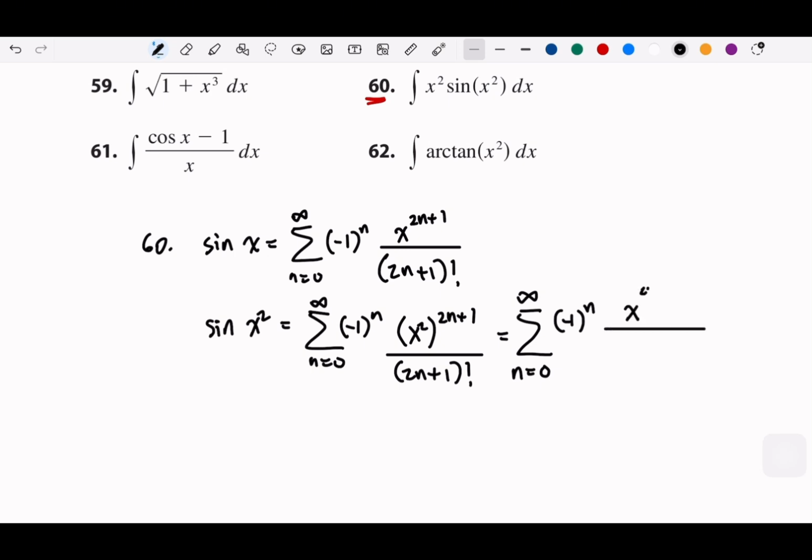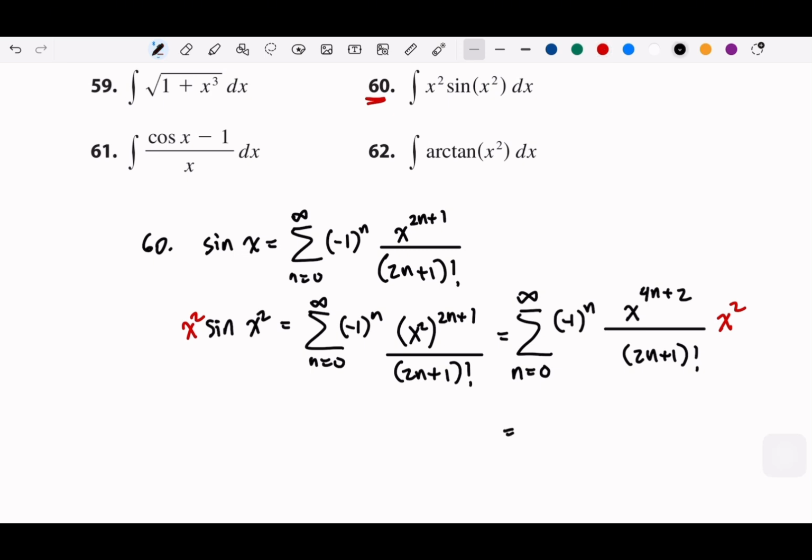So this will be 4n plus 2. This is 2n plus 1 factorial. And then we multiply with the x squared. So multiply right here. Basically we just need to add the power.